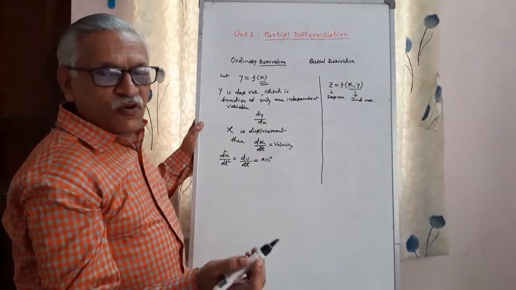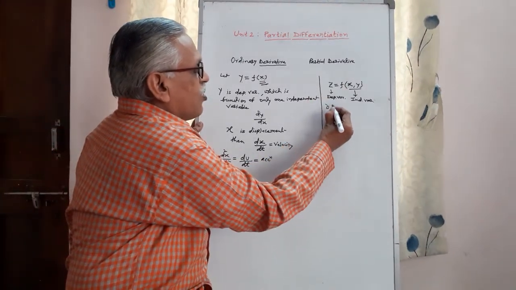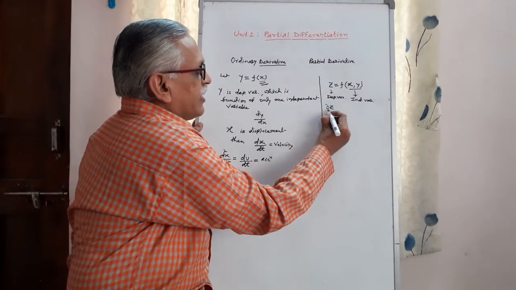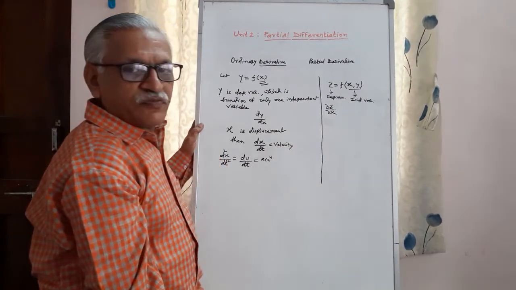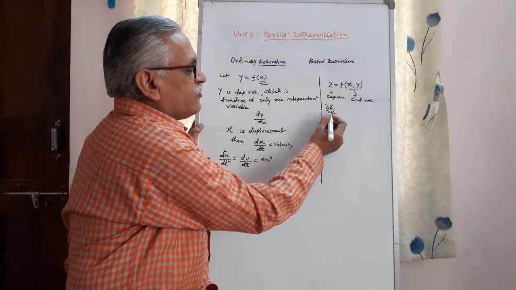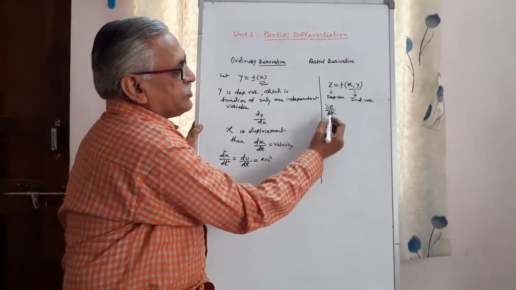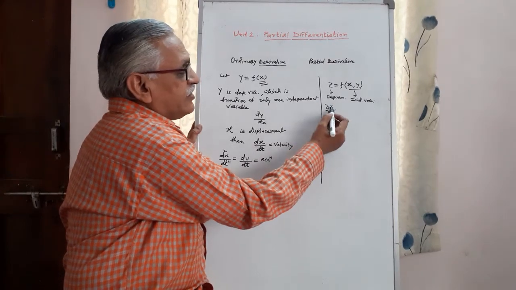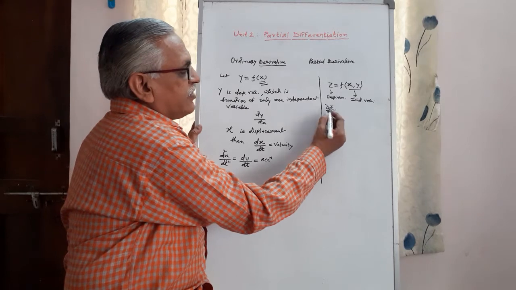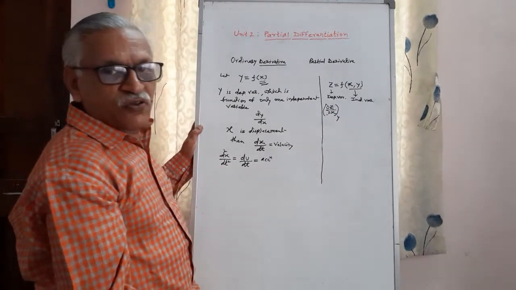Whenever it is function of more than one variable, whatever the derivatives we are obtaining, that derivatives are called as partial derivatives, and we read it as dou z by dou x. Means change in z with respect to change in x, keeping y constant.